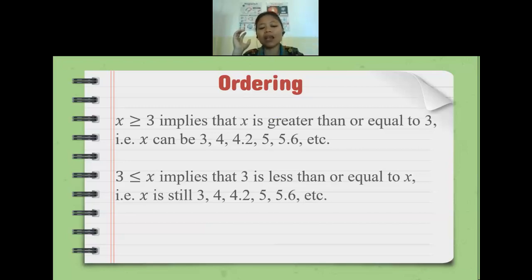Because 3 is the least possible one, you need to find numbers bigger than 3. They can be 3 itself, 4, 4.2, 5, 5.6, and any other number. Is there anyone who has difficulties on these two sentences?